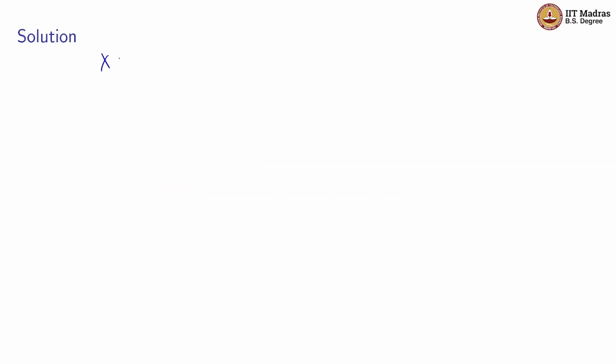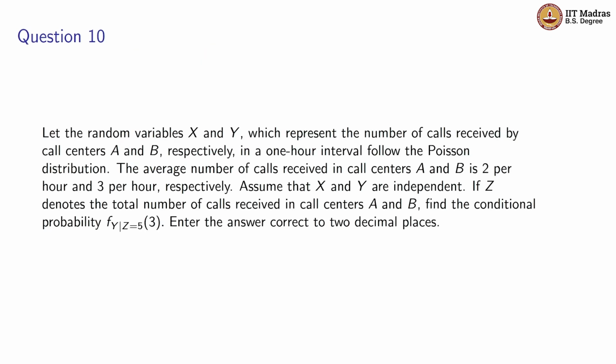So in this question, x is following Poisson distribution with lambda equal to 2 because it is given that the average calls received by call center A and B is 2 and 3 per hour respectively. We know that the average for Poisson distribution is equal to lambda.